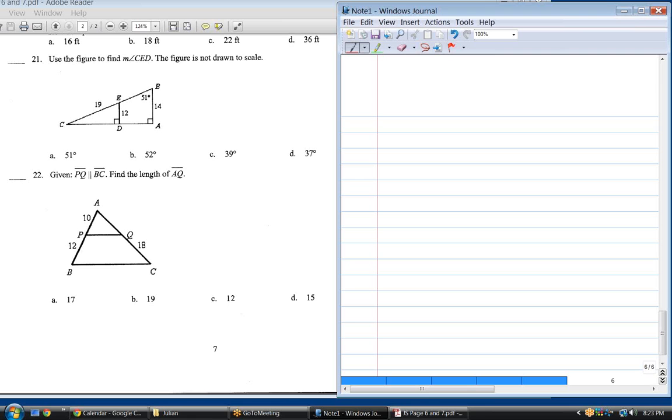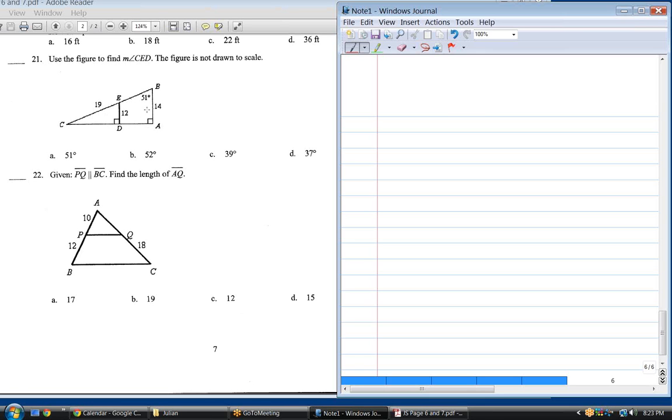Well, ED is like the midpoint. See this right angle here? And this right angle here? What does that tell you about ED and BA? They are parallel.